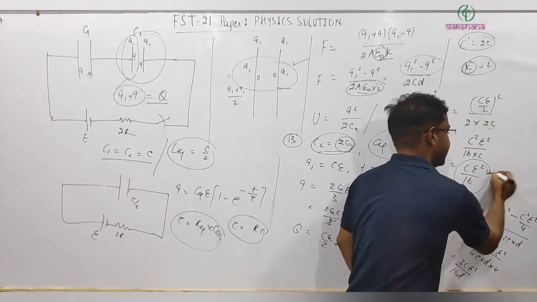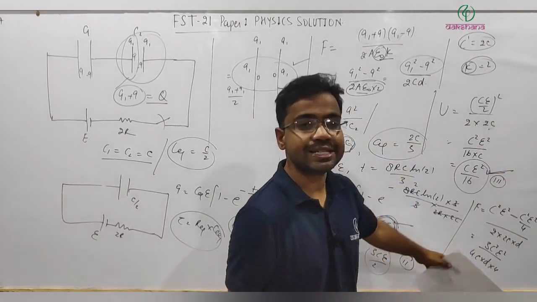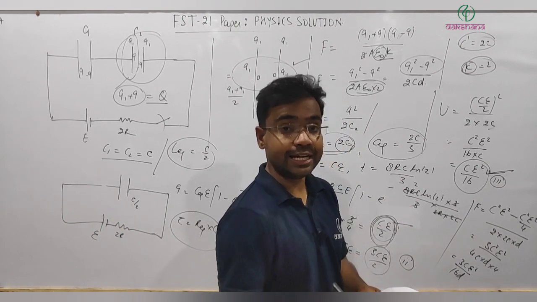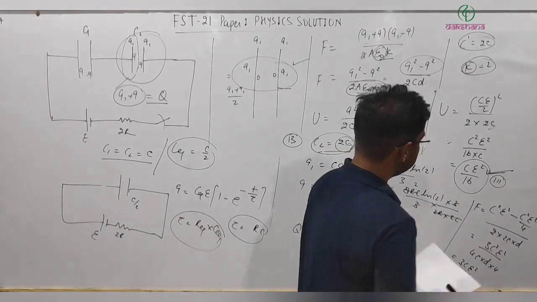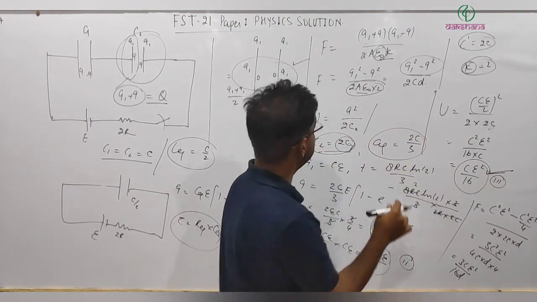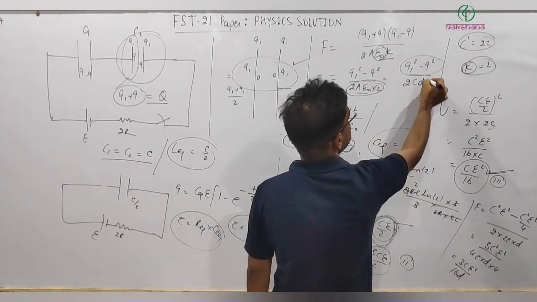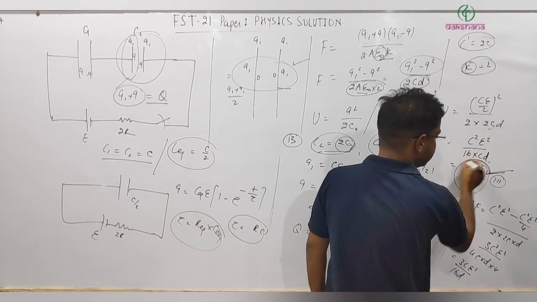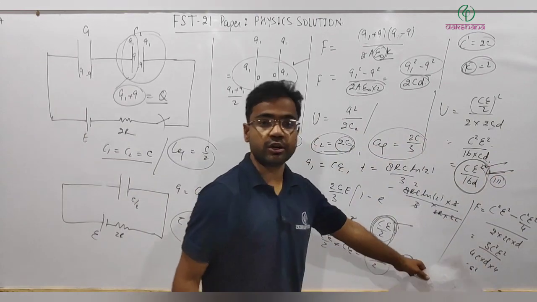So here the answer should be CE square by 16, but it's mentioned here CE square by 8D only. So we are getting here, D will also be there, one D and one D. So this should be the right answer, but it's not matching here.